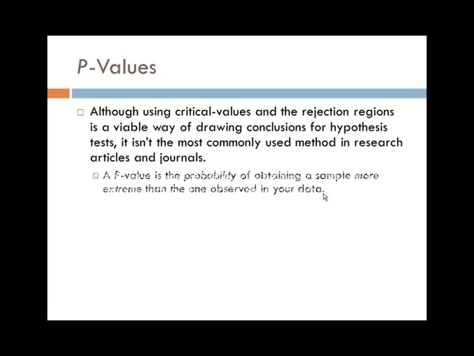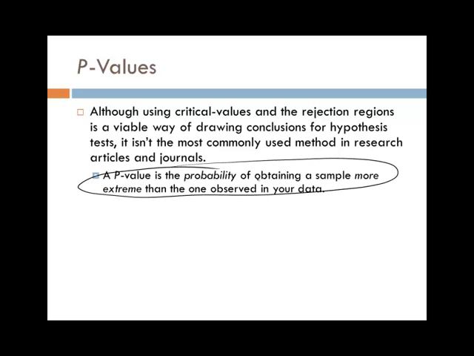As I mentioned, the definition of the p-value really is the probability of obtaining a sample more extreme than the one observed in your data. So calculating the p-value is essentially, once you determine your test statistic, say z sub t, let's say it's a left-tailed test, for example, that area is the p-value. So the p-value is the area to the left or to the right of the test statistic, depending on whether it's a left or a right-tailed test.